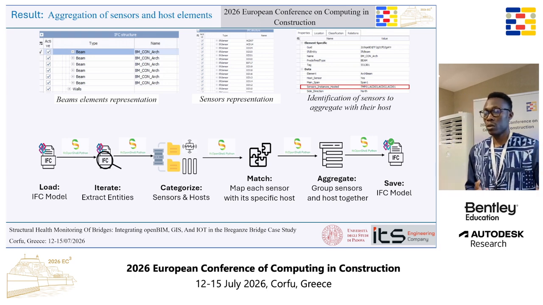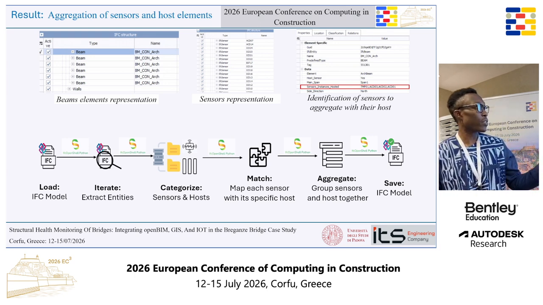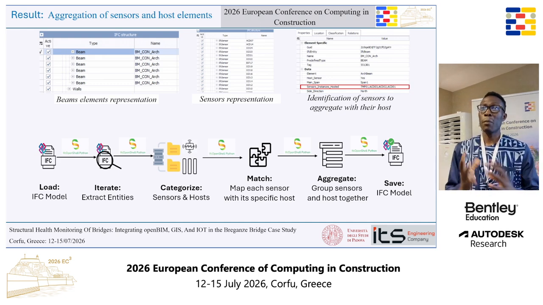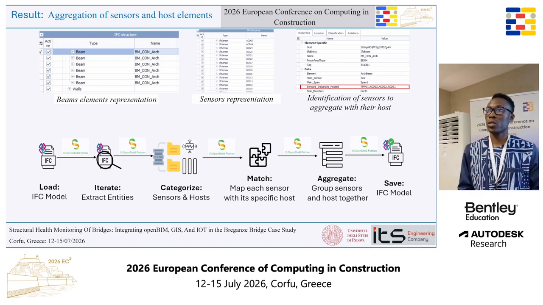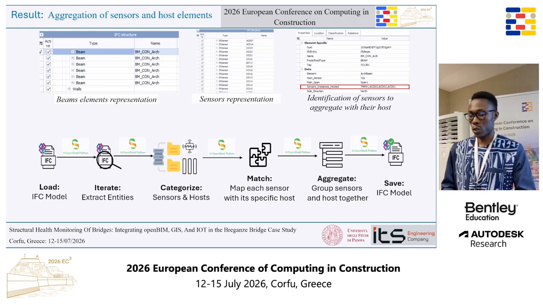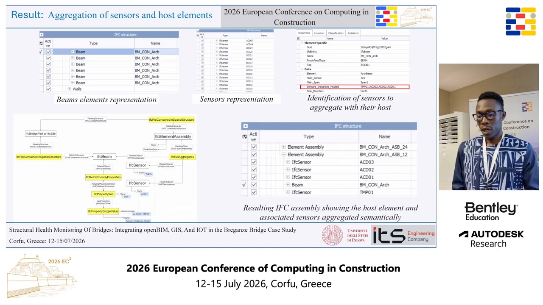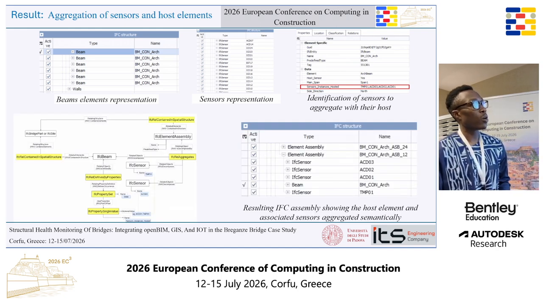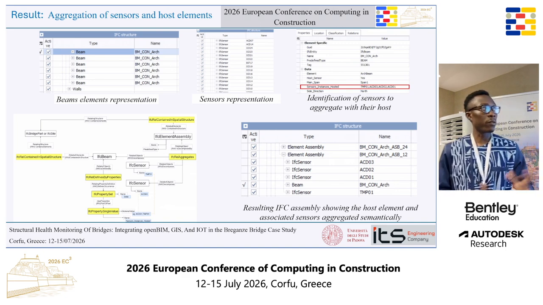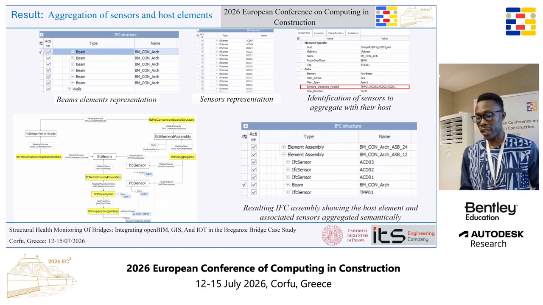Then we use a Python script with the IfcOpenShell library to parse the IFC model and match the different entities and group and aggregate the host elements and the different sensors. At the bottom right, we can see now, for example, a BIM element with 4 sensors hosted together.